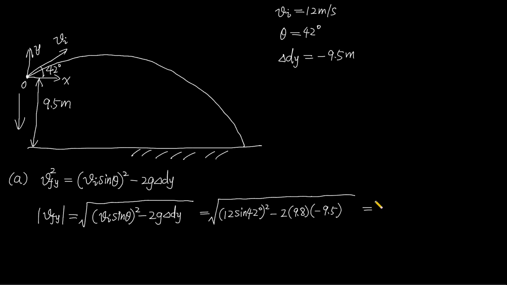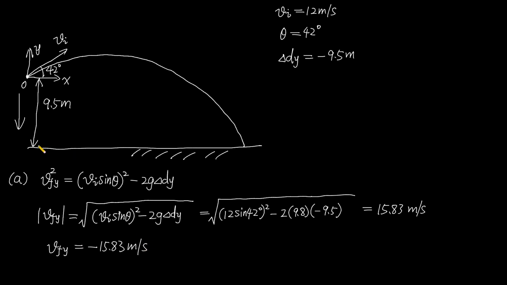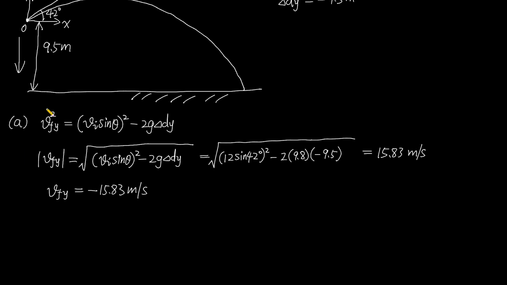This equals 15.83 meters per second. This is the magnitude of the final vertical velocity. Then the final vertical velocity equals negative 15.83 meters per second. It's negative because its direction is down. At last it falls down. Its direction is down and it's opposite to the positive y direction. And we get the final vertical velocity.